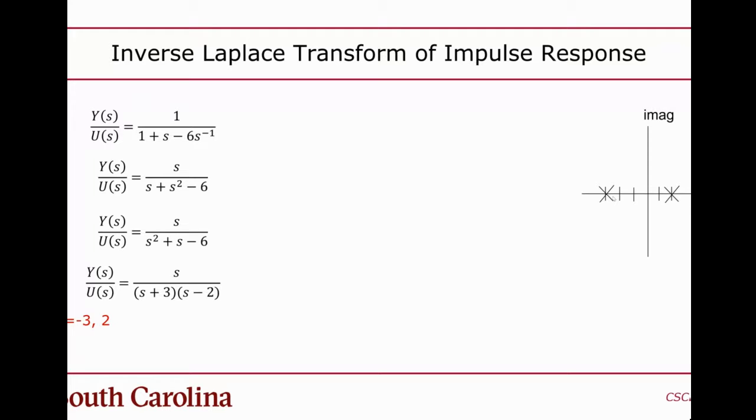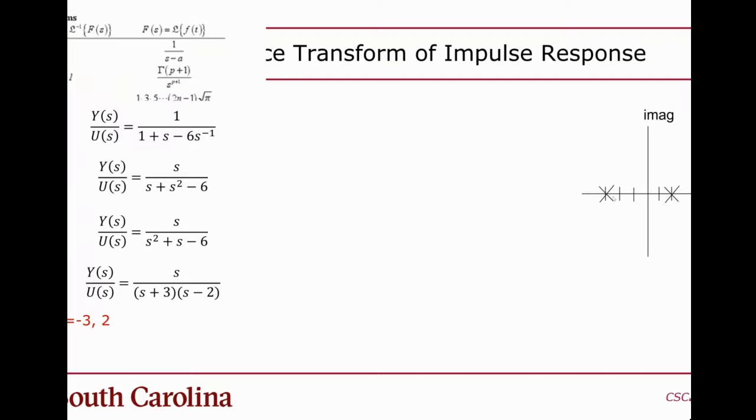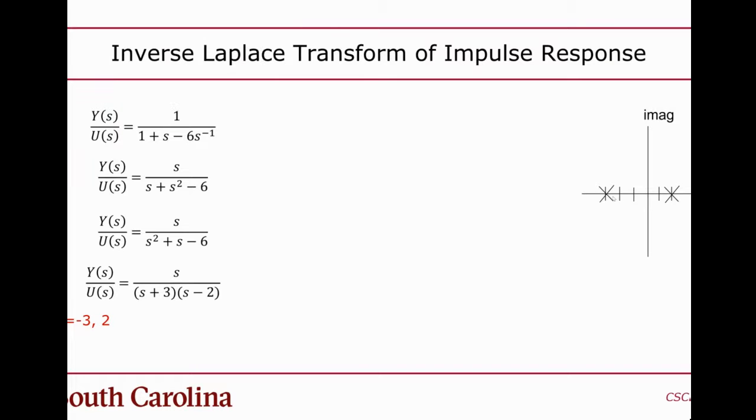Because we have a pole that is not in the left-hand plane, meaning it has a 0 or positive real value, this is an unstable function.